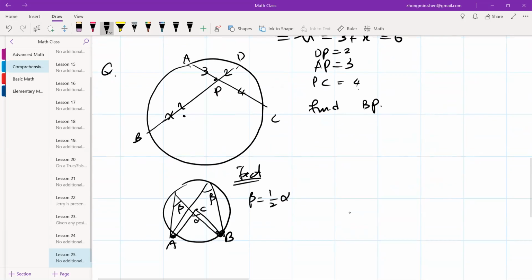The angle, yeah. So when you move the point around the circle, you're not going to change the angle beta, as long as A, B are fixed.